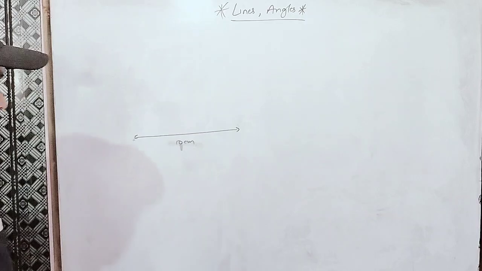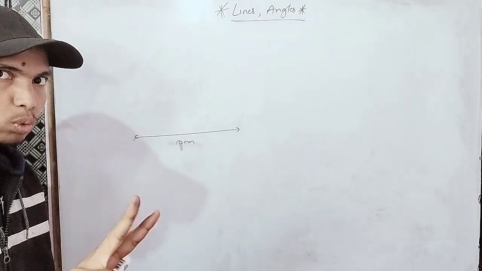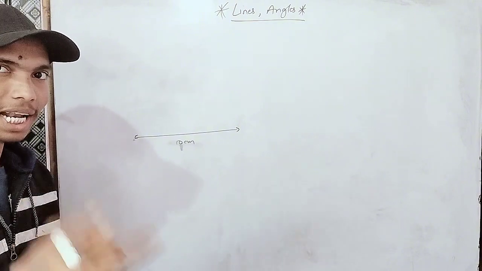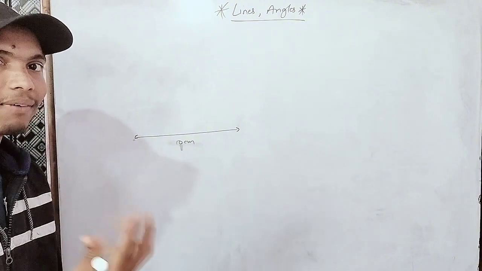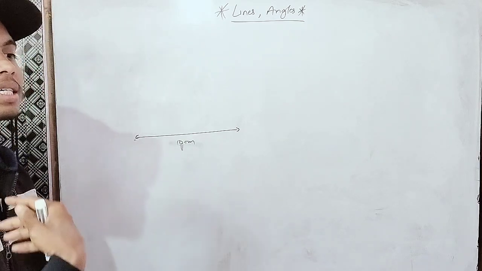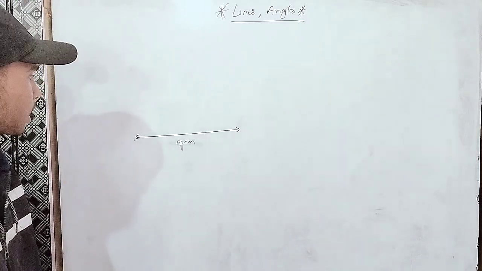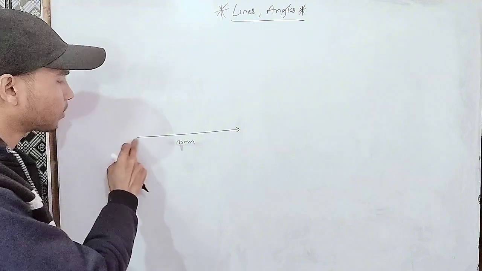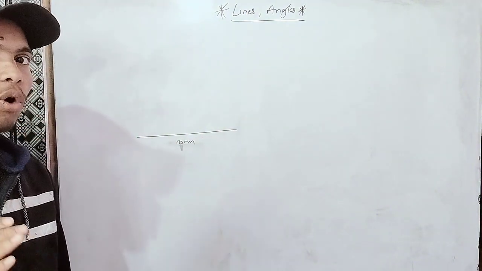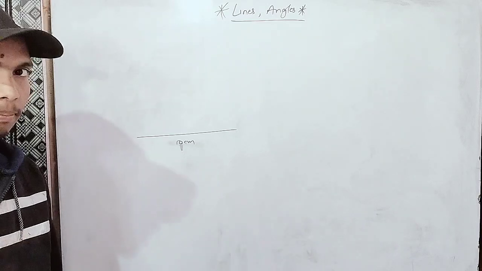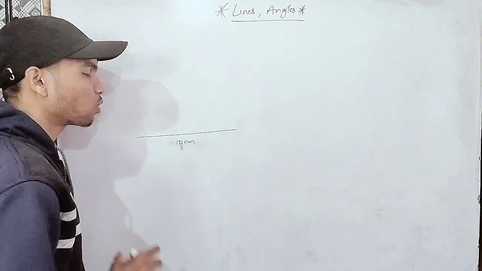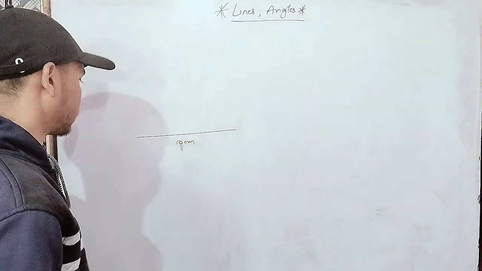So here we understood two kinds of lines. Whenever we apply arrows to lines, we indicate that the distance of our line is infinite. But when we don't apply arrows to our lines, we can say both ends of our line are completed.